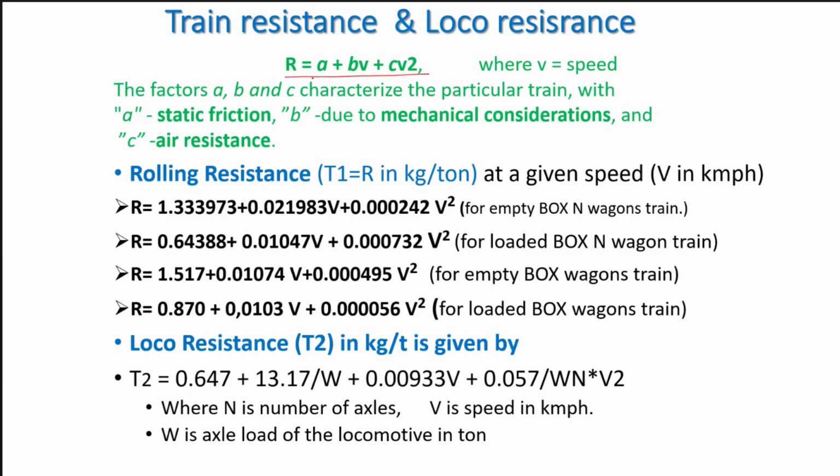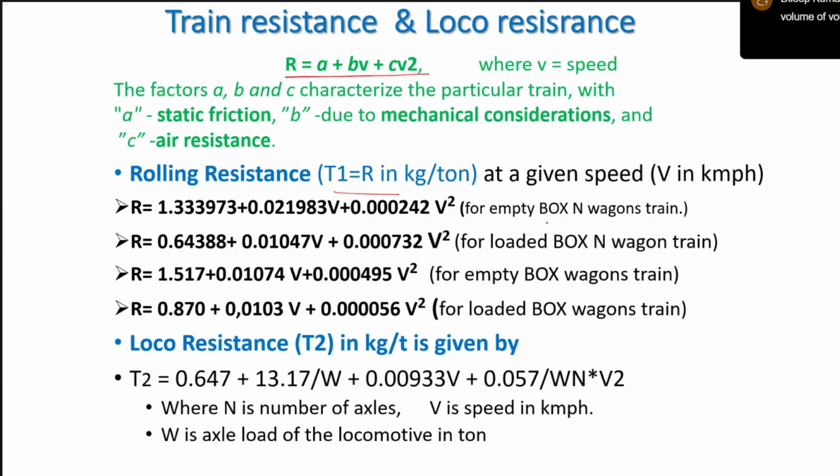A is the static friction, B is the mechanical consideration, and C is the air resistance. So there are three resistances: B is a component of velocity, the speed, and C is the air resistance, which is multiplied with the square of the speed. With this formula, we calculate the rolling resistance T1.